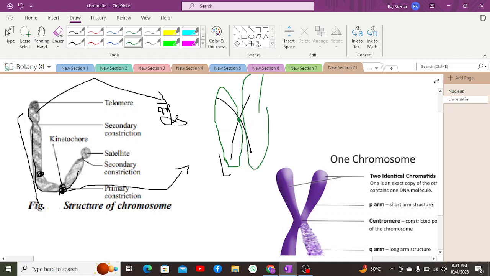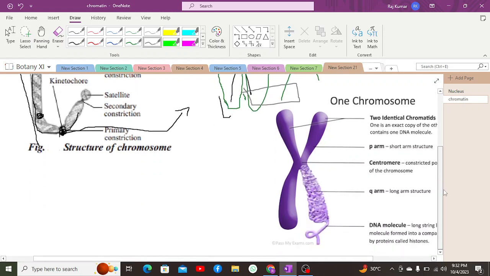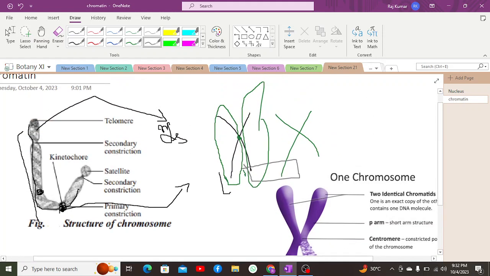These two chromatids present inside a chromosome are the sister chromatids, and if there are two different chromosomes, then this arm and this arm will be collectively considered as non-sister chromatids. Now, apart from this, there is a primary constriction here. As you can see, the primary constriction or centromere is where the chromosomal arms are joined.